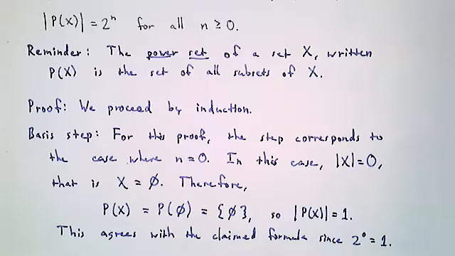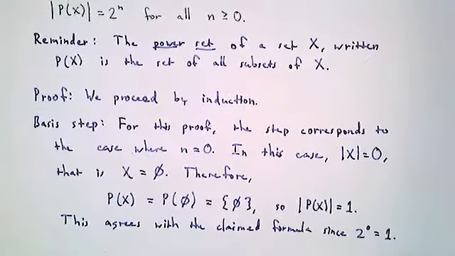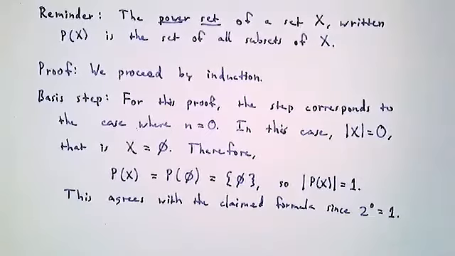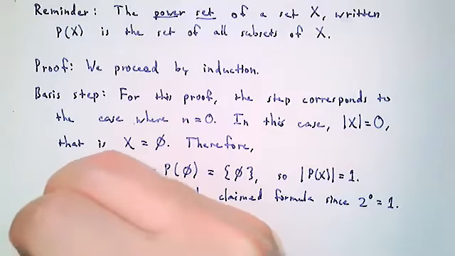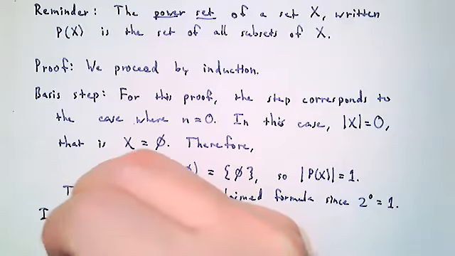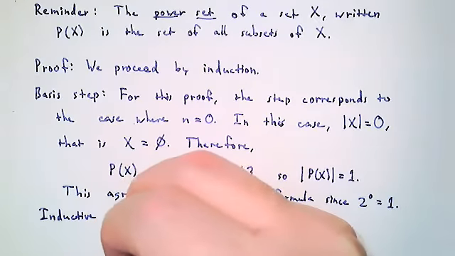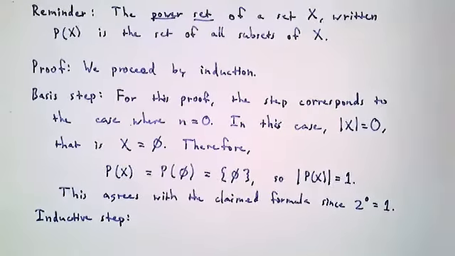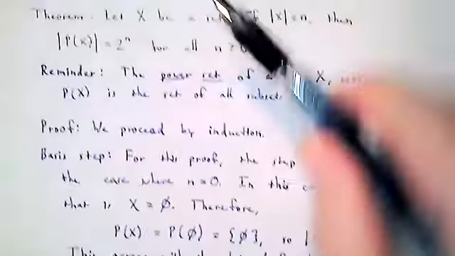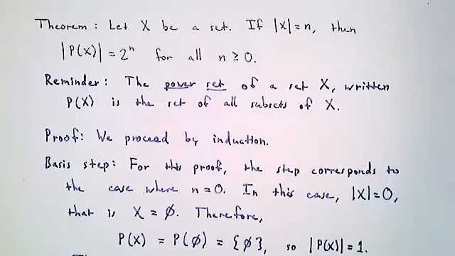This was just the first half of our proof, since it's the basis step of our induction. So before we can say that we're finished, we need to do the inductive step, or the inductive case. So this is where we assume that the formula works for n, and we try to show that it works for n plus 1.